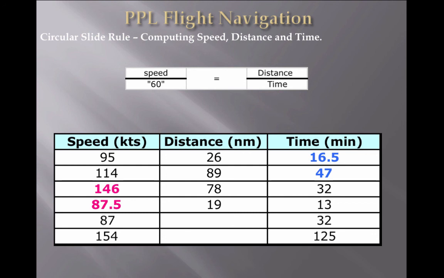Now this time we've got speed and time, but we know what we need to do. We need to move our base 60 pointer, because 60 minutes in an hour. Move the 60 across to the speed, 87, and we read off on the inner scale, because the inner scale is always time, 32, 46, 47, say 46 and a half.